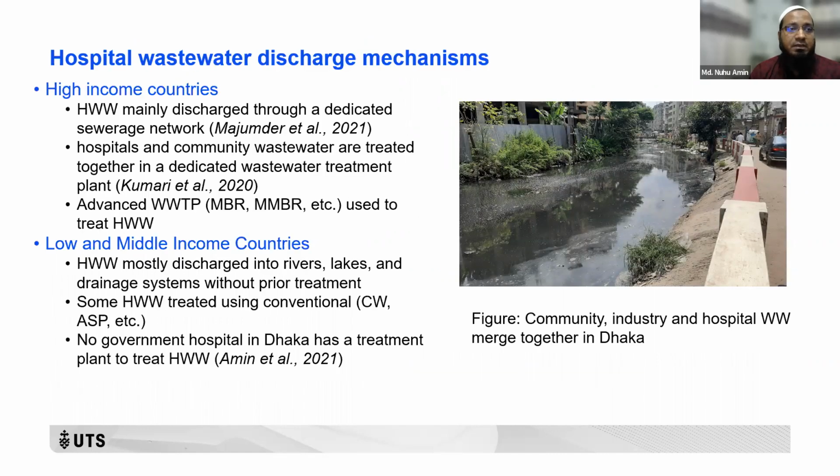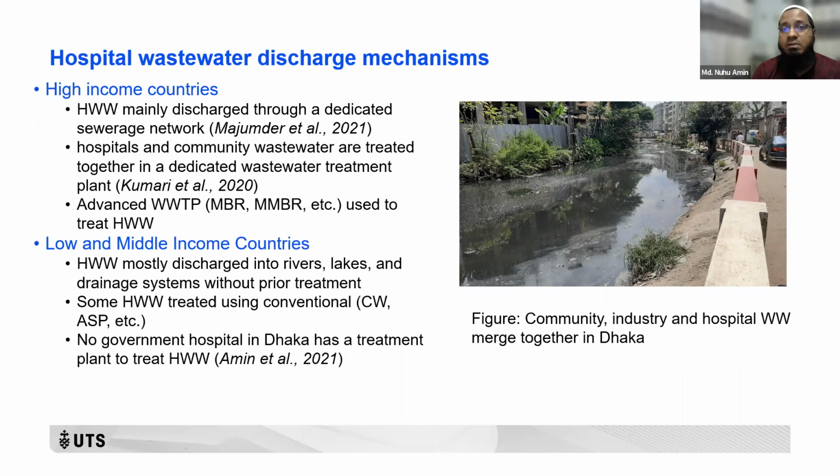Also, there is a huge gap in understanding of the hospital wastewater discharge mechanism for both high and low income countries. As I discussed earlier, hospital wastewater is mainly discharged through a dedicated sewer network in high income countries, and hospitals and community sewage treatment plants treat it together. They usually use advanced treatment technology like membrane bioreactor, moving bed membrane bioreactor, and other different stages of wastewater treatment.